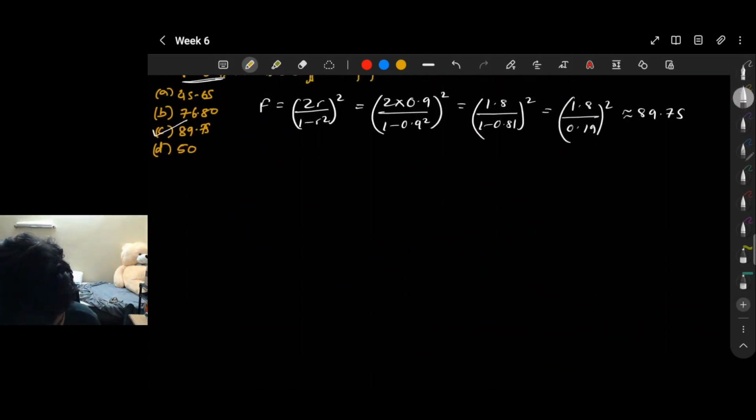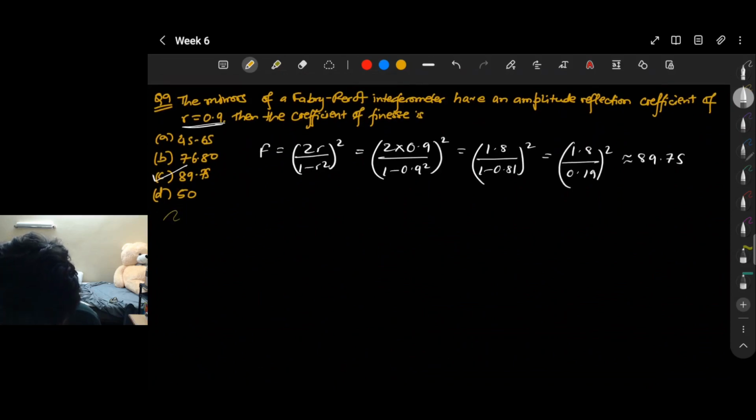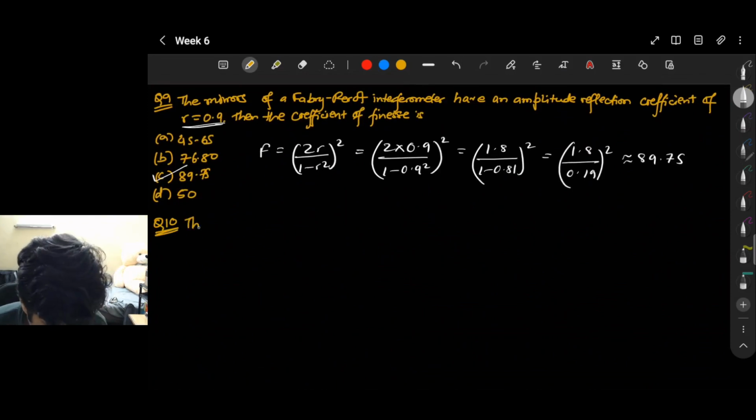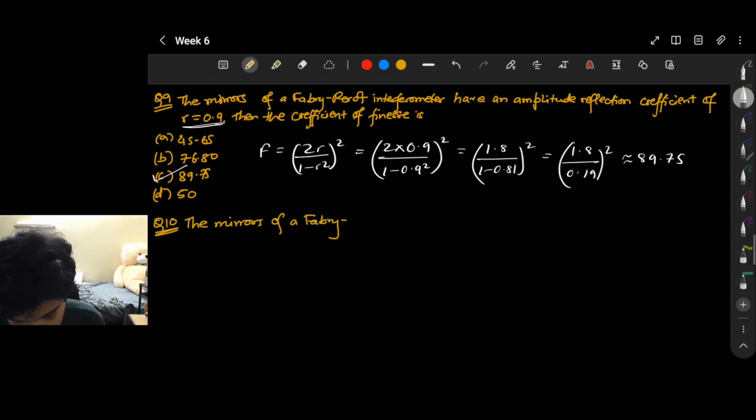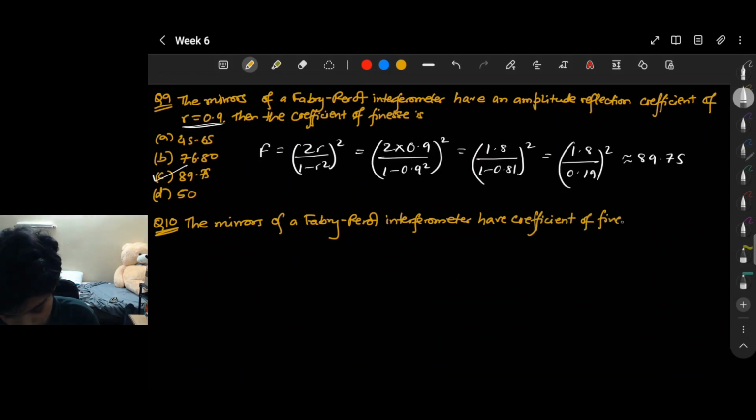Okay, last question for the day. The mirrors of a Fabry-Pérot interferometer have coefficient of finesse 64.